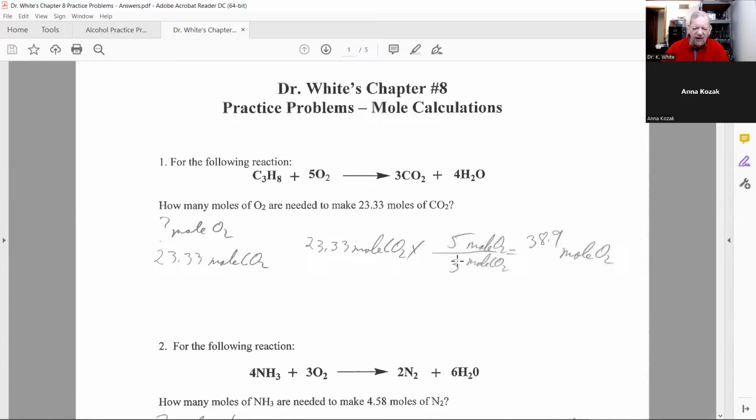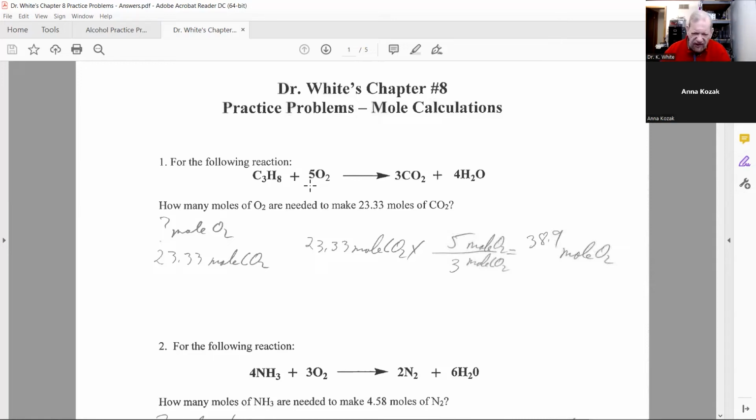Where do we get these numbers? From the balanced chemical equation. The coefficient, the number in front, tells you how many moles relationship. When there's no number, it's the number 1. And here we have 1 mole of C3H8 reacts with 5 moles of oxygen.